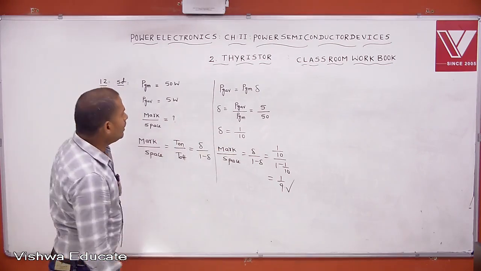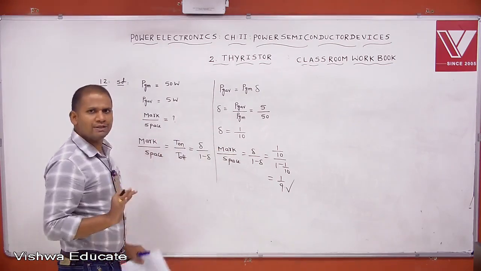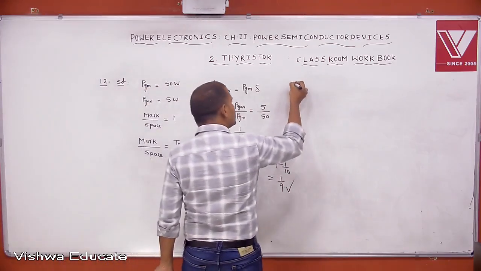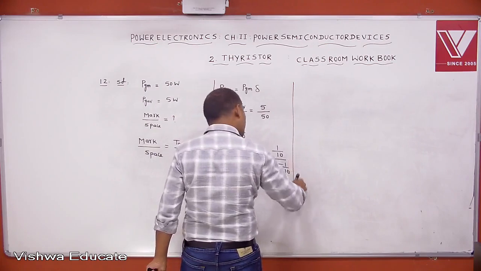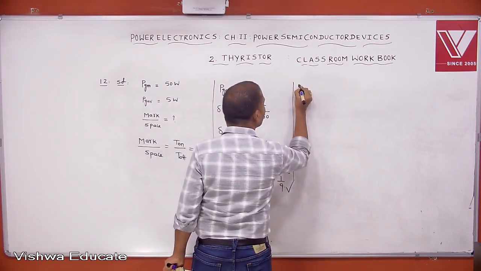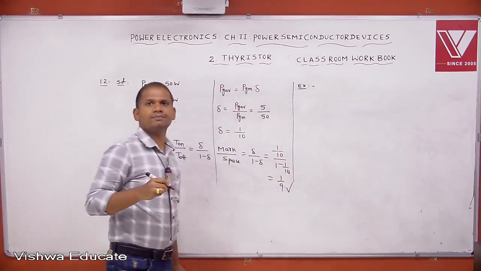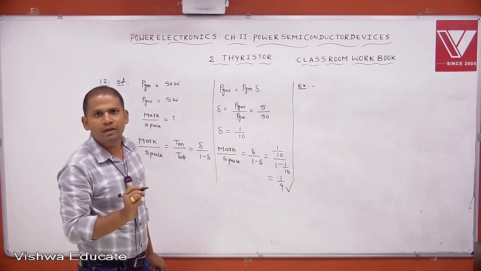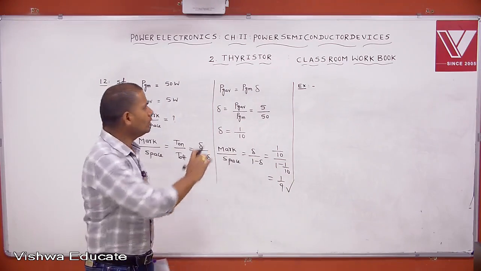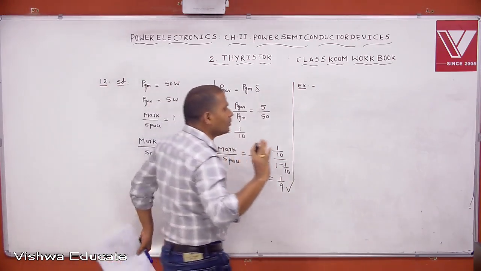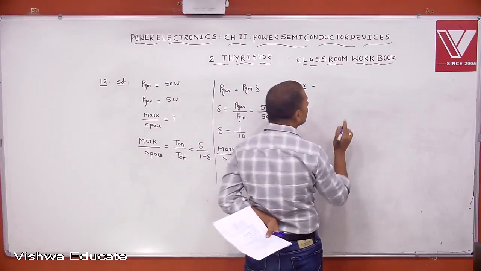Now, based on this topic itself, this is not given in the classroom workbook. Note down this example. I'm not giving a question number, just one example based on this model. For example, if the question is framed like this, then how to solve the problem?